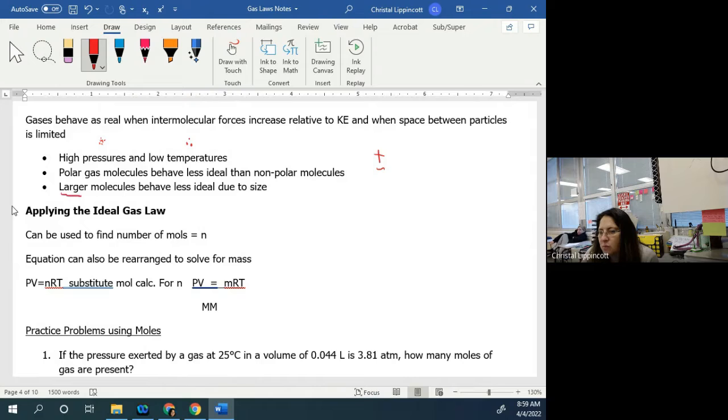Why would larger molecules be affected by this?